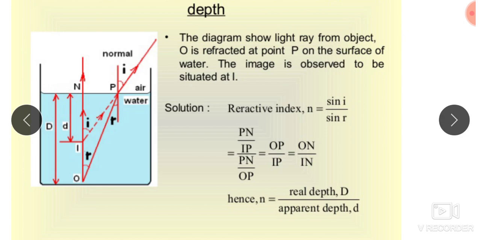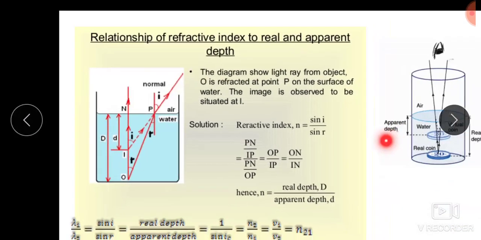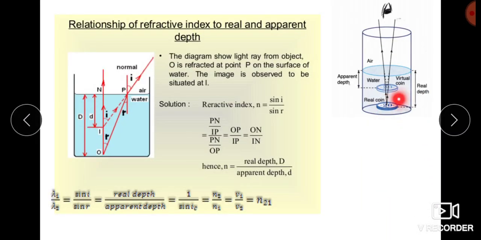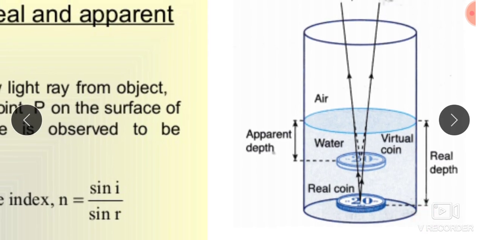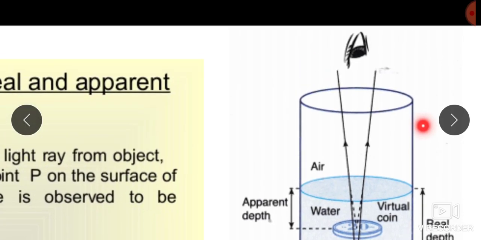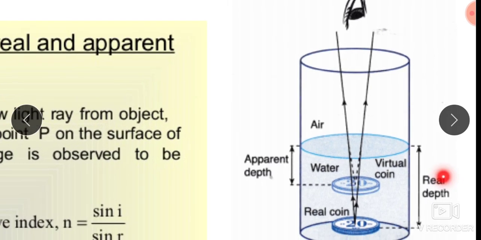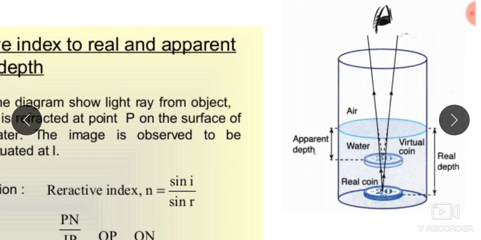This is known as the apparent shift. In the figure, if a coin is placed here, when someone is observing, for him the coin appears here but not here. This is called apparent shift.